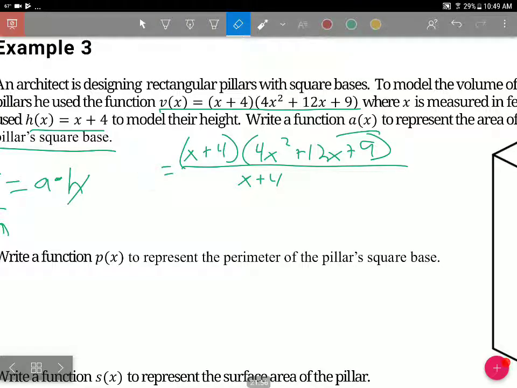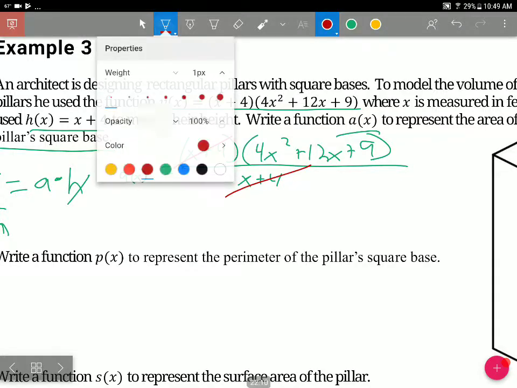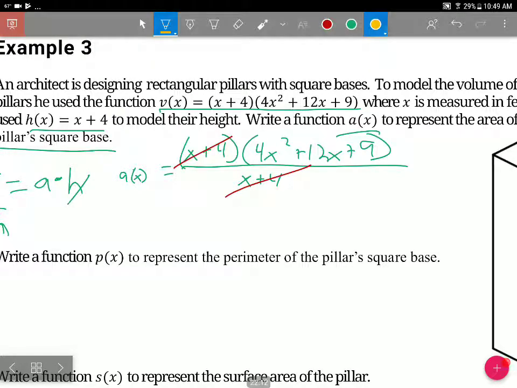Let me clean this up. That really should read a of x. Cancel out what? Good. So the area of your base, a of x, is 4x squared plus 12x plus 9. That is the area of your base. So in this case, they gave us the equations and we just had to divide them.